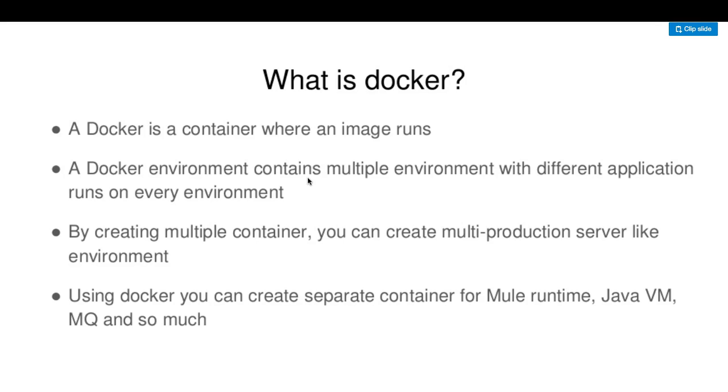If we have more than one container, suppose in one container I will run a test environment, in another container I can run a dev environment, and one container could be the production environment. So by creating multiple containers, you will create an exact replica of multi-production servers. And also, as I told you, you can create separate containers for Mule and Java and MQ and like that.